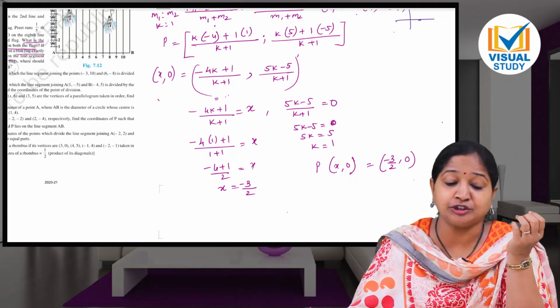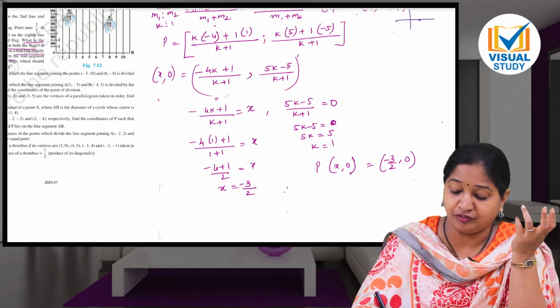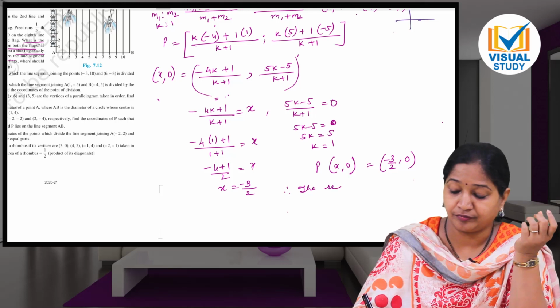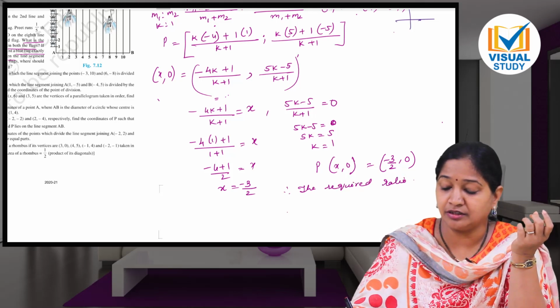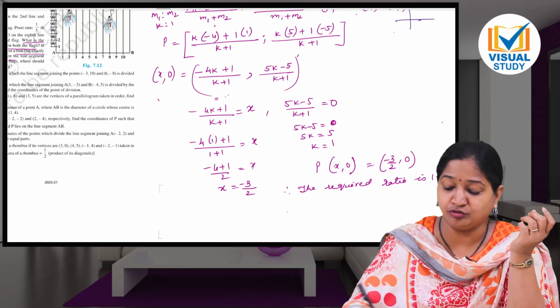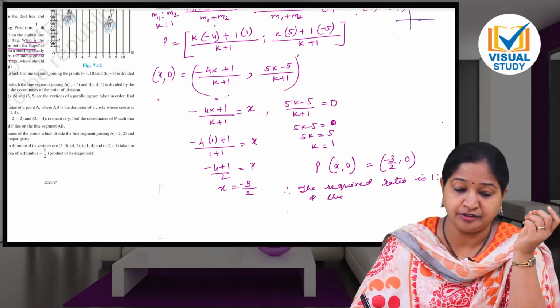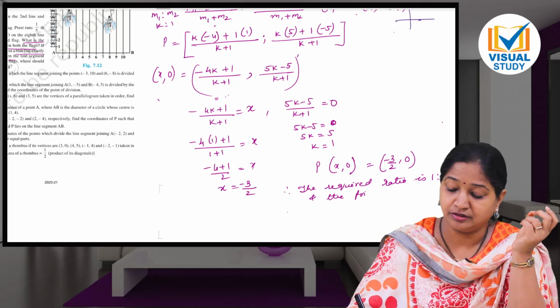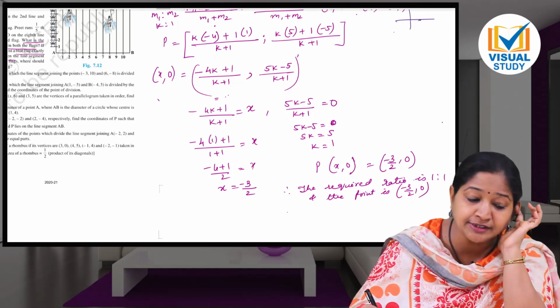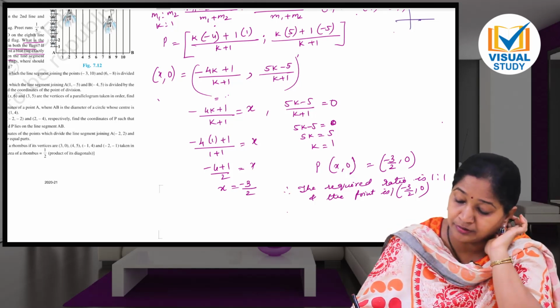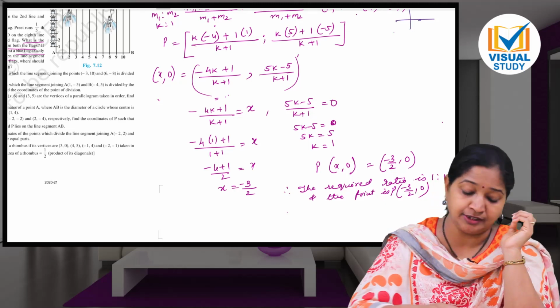So the required ratio is 1:1. Therefore the required ratio is 1:1, and the point is minus 3 upon 2 and 0.